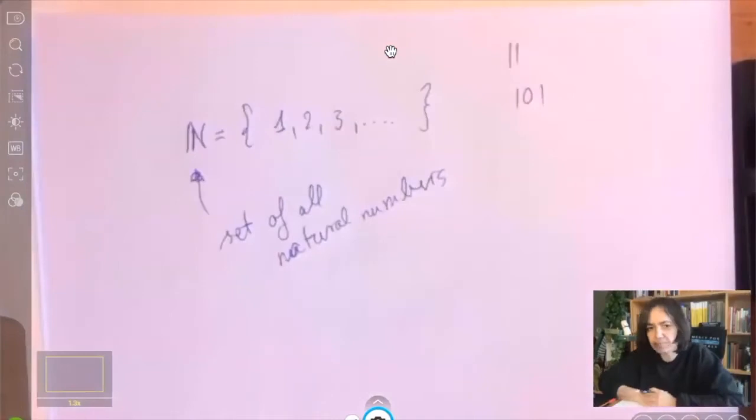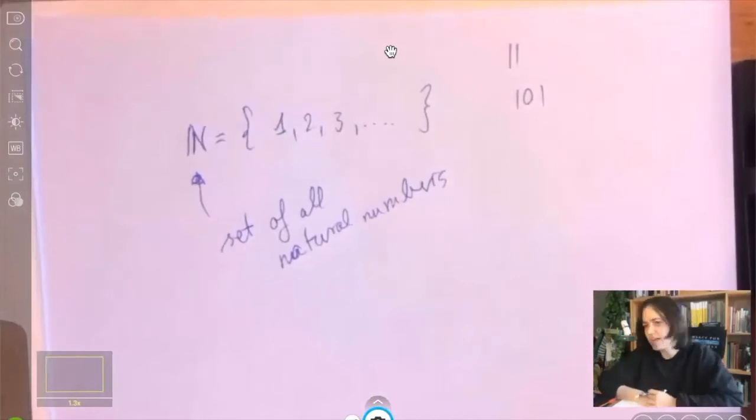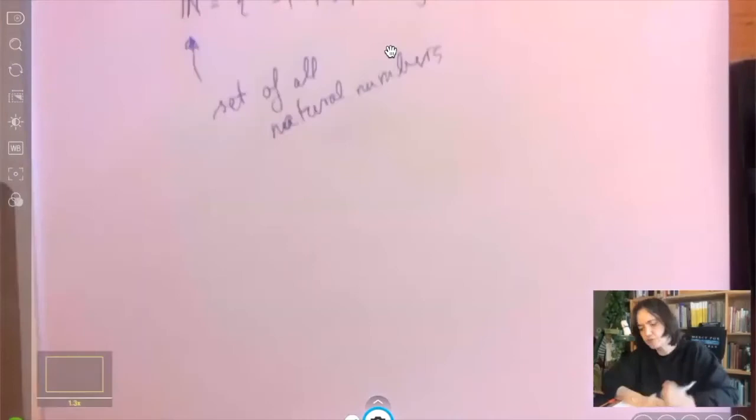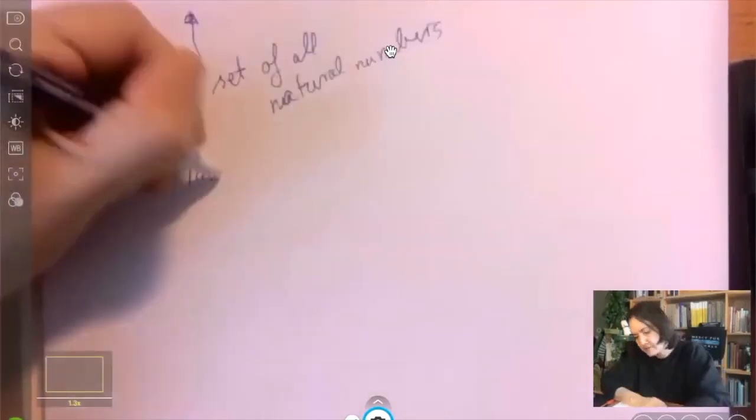All right. Now, after we have numbers, we of course have operations. Now, the 4 basic operations are addition, subtraction, multiplication, and division. Now, let me ask you a question. True or false?